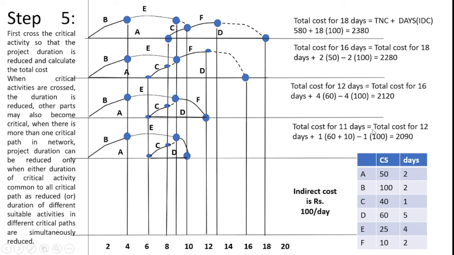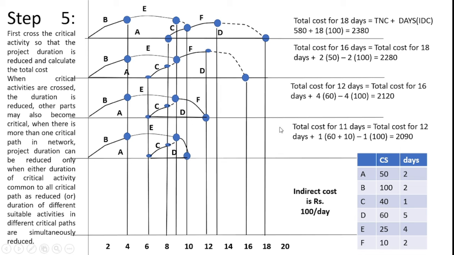Total cost for 11 days is equal to total cost for 12 days from previous plus 1 into 60 plus 10, because I can collect 1 day from D activity and 1 day from F activity. I reduce F activity 1 day and D activity 1 day, so I add both things, 1 into 60 plus 10, minus 1 into 100, because the indirect cost is reduced for 1 day. From this I can get 2090.